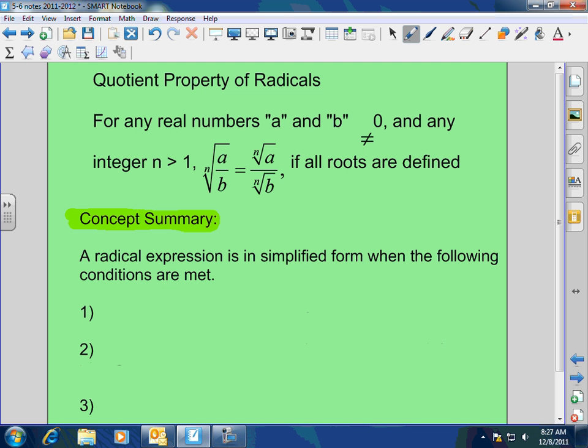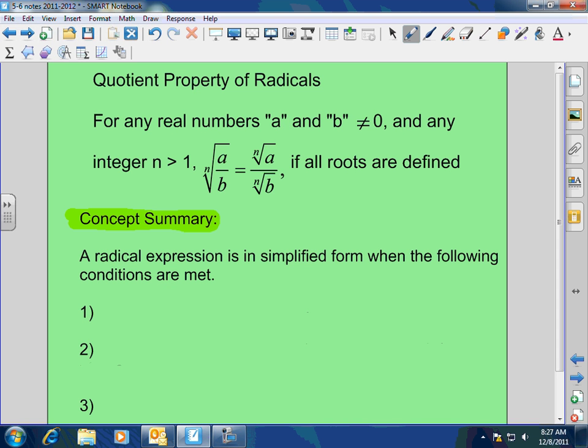For any real numbers a and b not equal to 0, and any integer n greater than 1, the nth root of a divided by b can be split up into the nth root of the numerator, which is a, and the nth root of b, which is the denominator. So you can split them up as so.